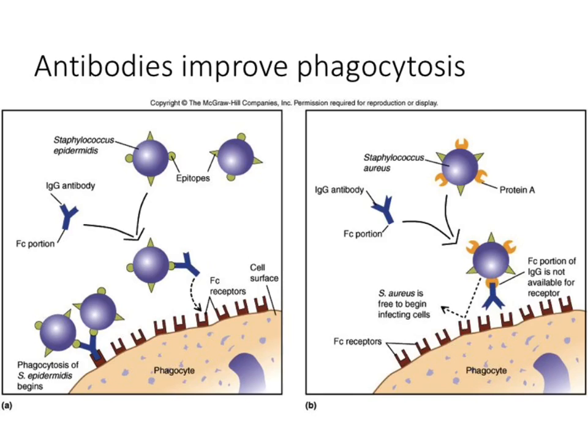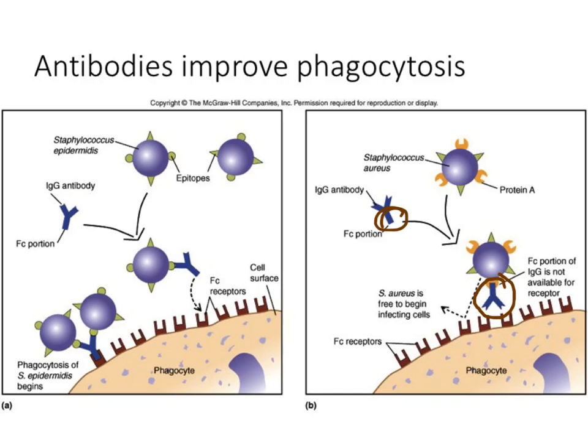Staph aureus produces a protein known as protein A. Protein A functions like an Fc receptor. And so what Staph aureus can do is, if this protein A is being expressed, it binds to the Fc region of the antibody, like is shown here.